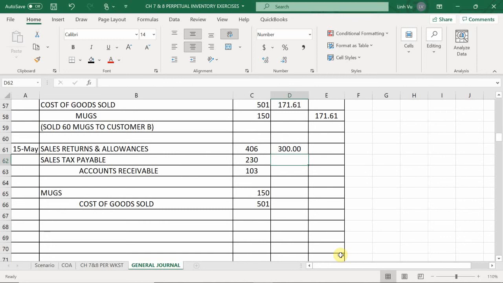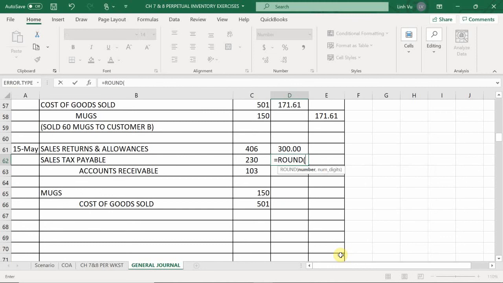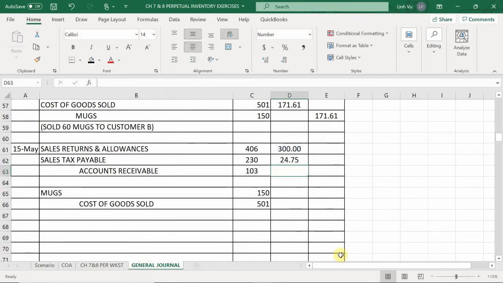Okay. How much tax are we going to be refunding? $24.75. So therefore, we're going to reduce customer B's account by $324.75.